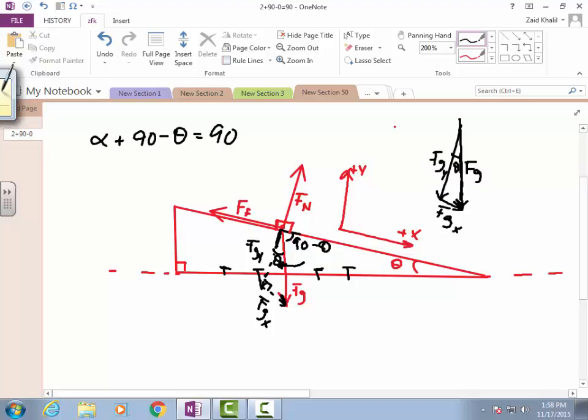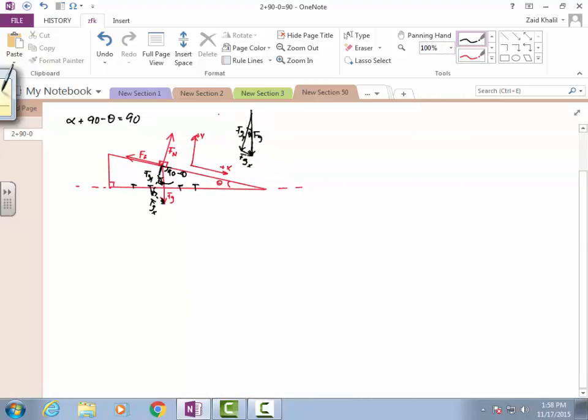And so what's our relationship then? We have that the sine of theta is equal to what, guys? FGX over FG. And the cosine of theta is FGY over FG.